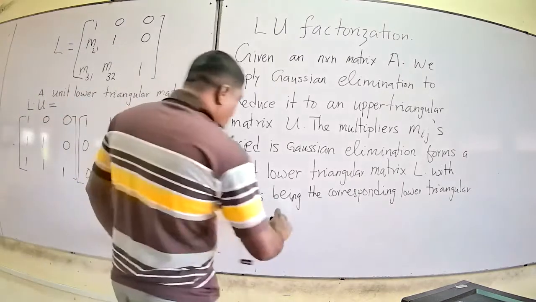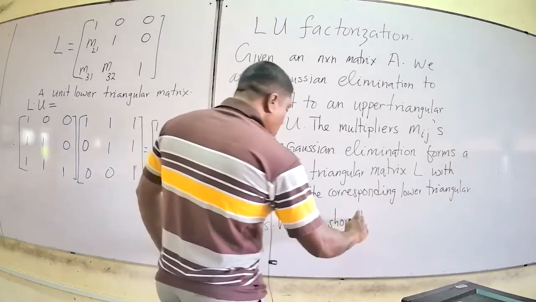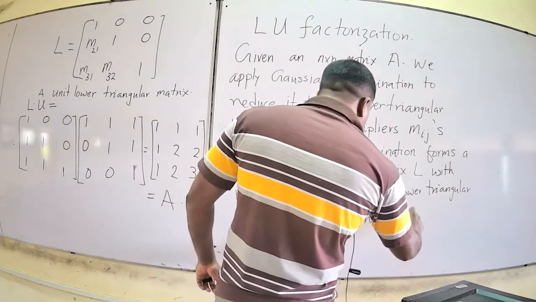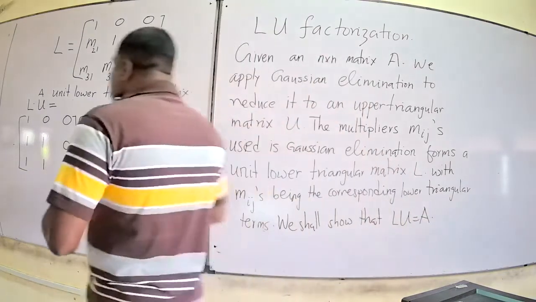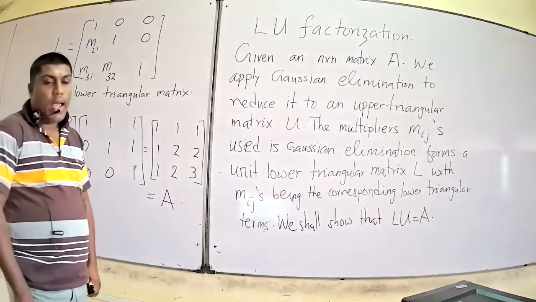Now we are trying to show that LU is equal to A. The unit lower triangular matrix, obtained by using the multipliers, multiplied by the upper triangular matrix, which we obtain by using Gaussian elimination, gives you A. Let us see how we can prove this.